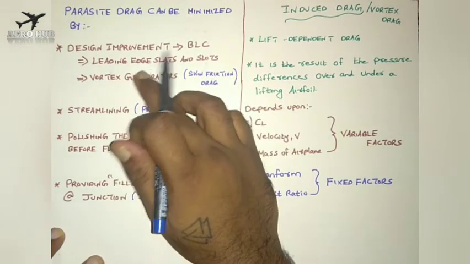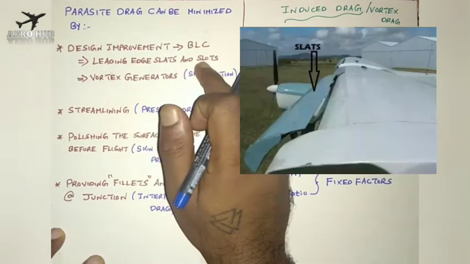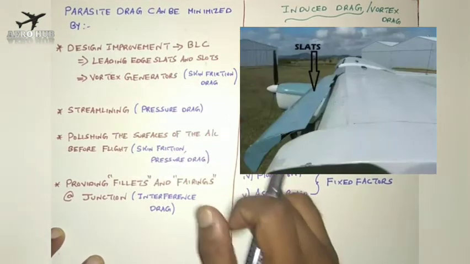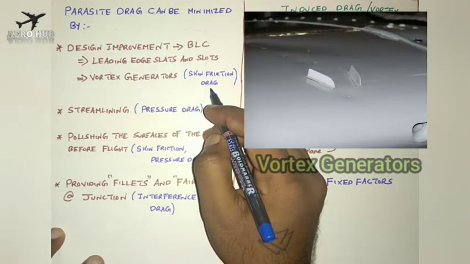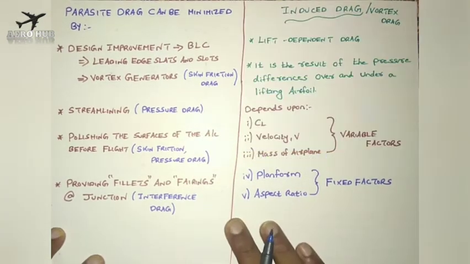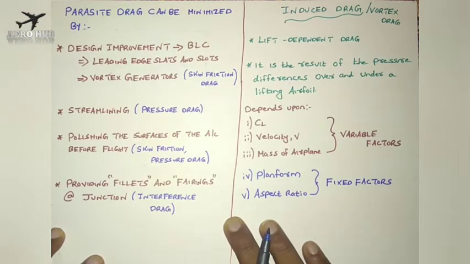We can use leading edge slat and slot as well as vortex generators to reduce the boundary layer separation and to reduce the skin friction drag.